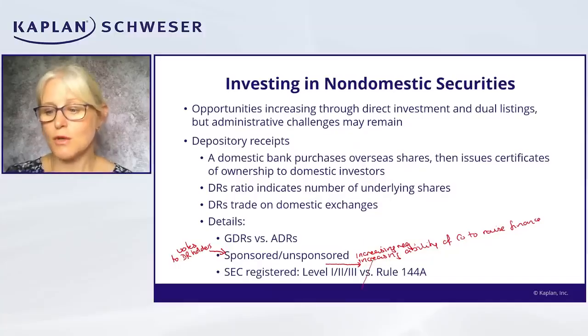Whereas Rule 144A, not one of the levels, that's kind of an unlisted version of these. And they're really for the big and knowledgeable investors only. So they're for the qualifying institutional buyers there. They're the big guys who know what they're doing. It's not a retail listed version of a depository receipt.